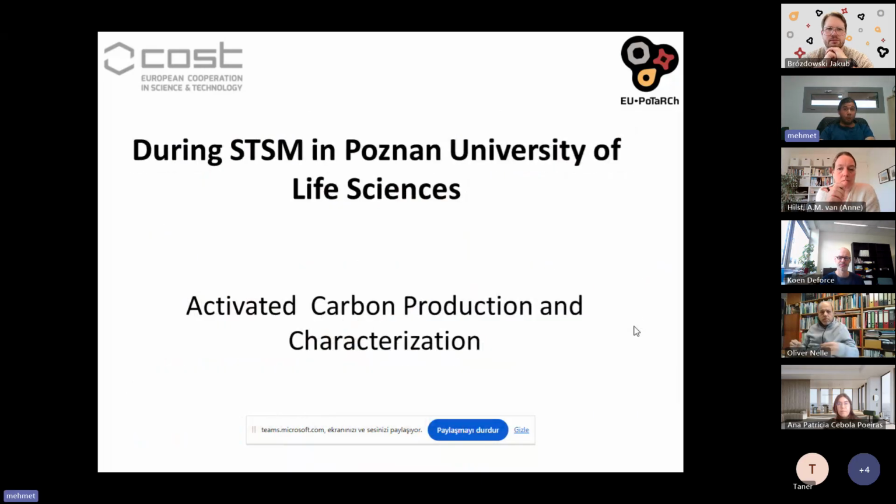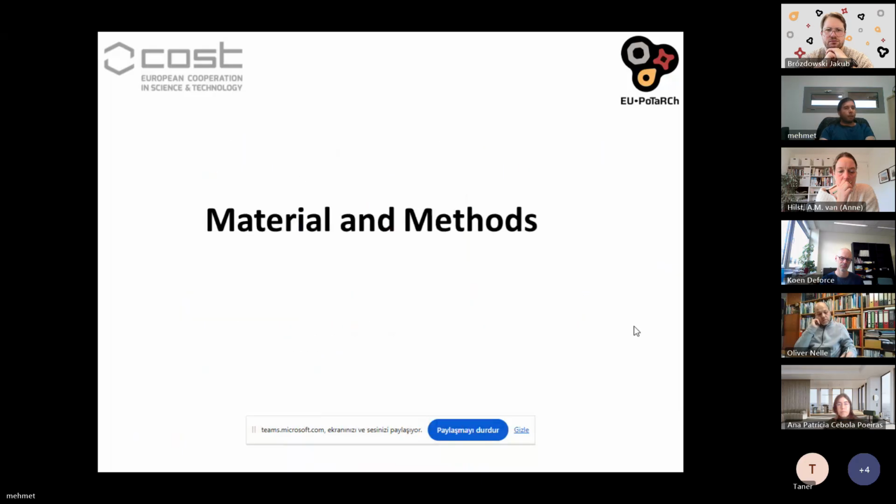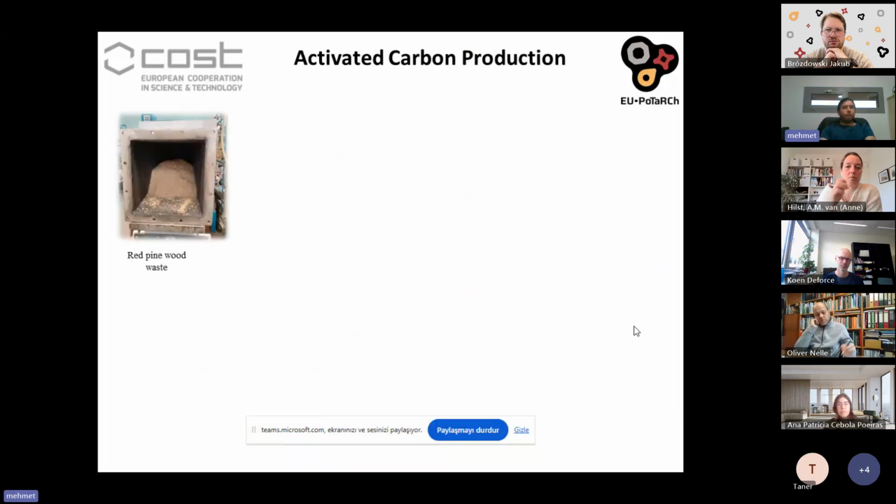There is a lot of work in this study, so I have divided it in two sections. The first one is during the STSM, the second section is after the STSM. The first section is during the STSM at Poznań University of Life Sciences. We produced activated carbon and made some characterization. Material and methods.